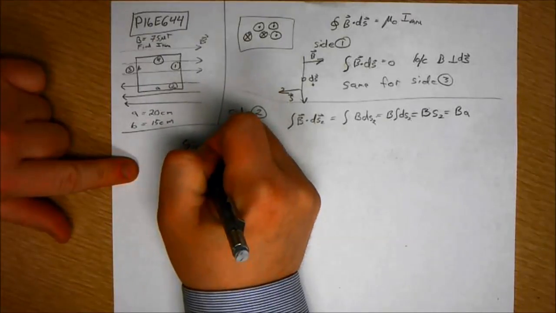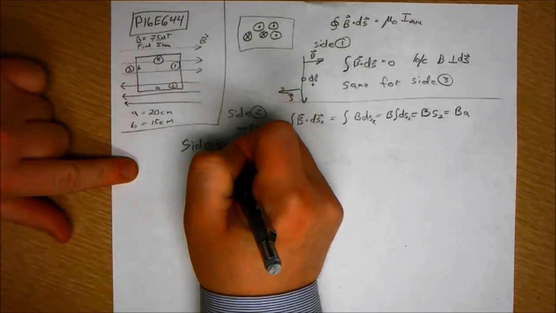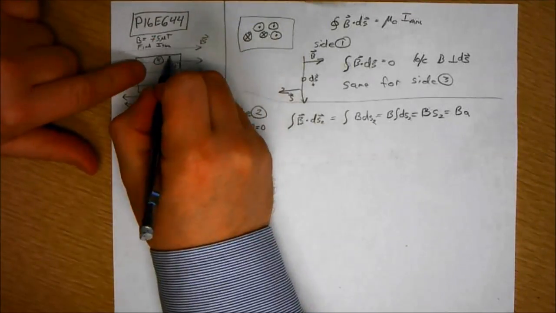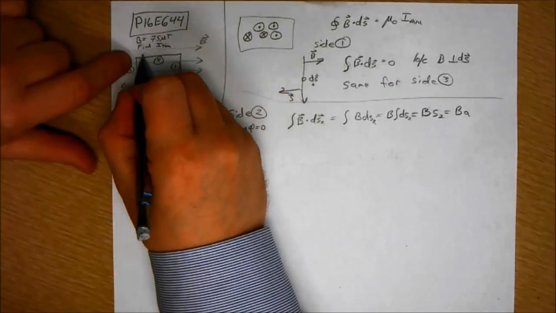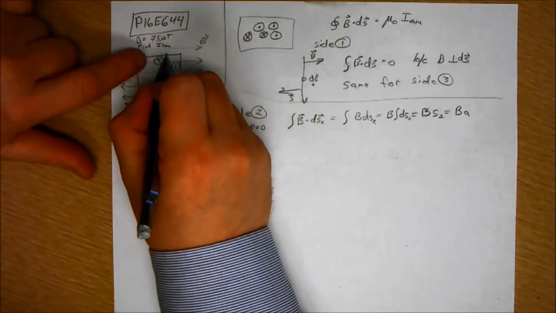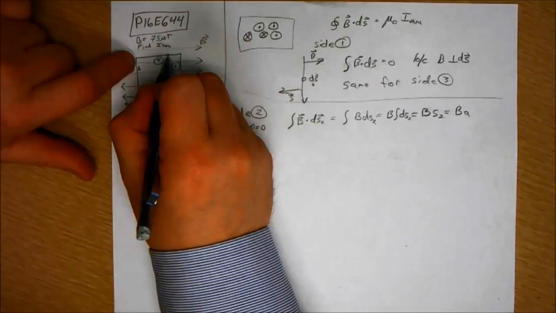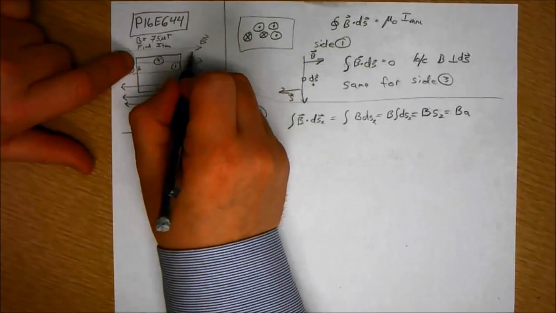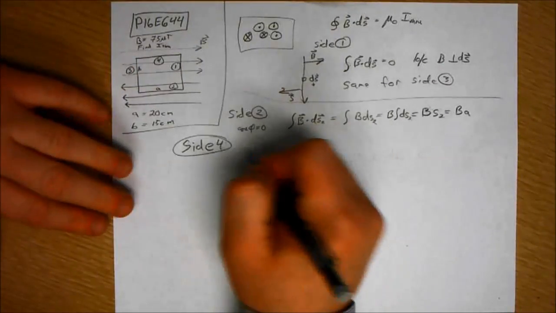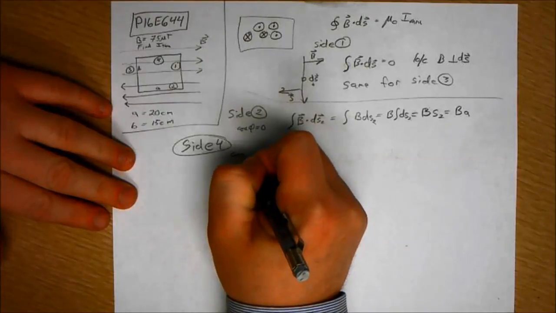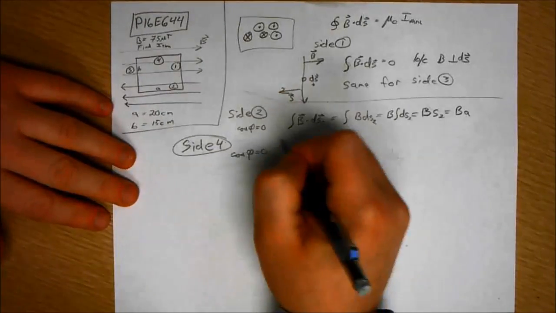Now if I go to side 4, I'm moving in a different direction, but I'm still moving in the same direction as the magnetic field, because the magnetic field changed direction. So there are no negatives or anything to deal with. Cosine of phi, the angle between those two vectors, is still 0.